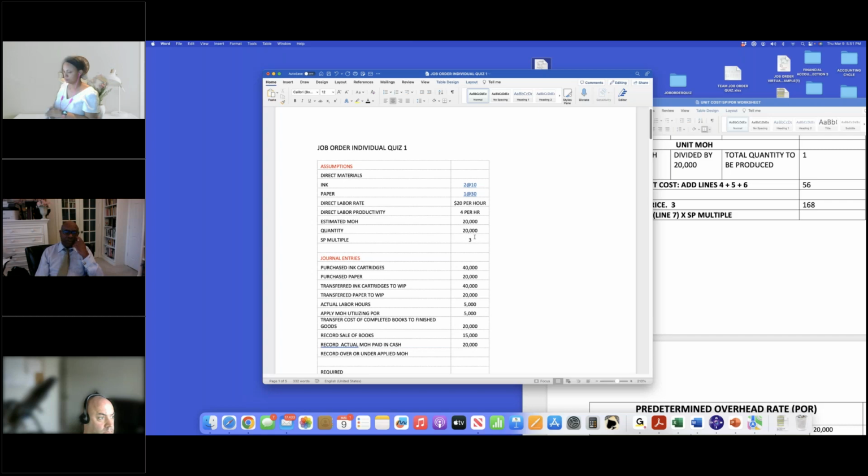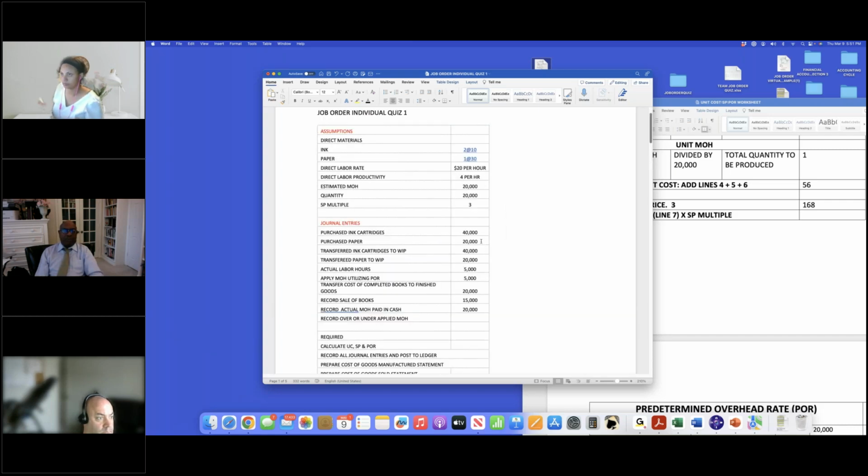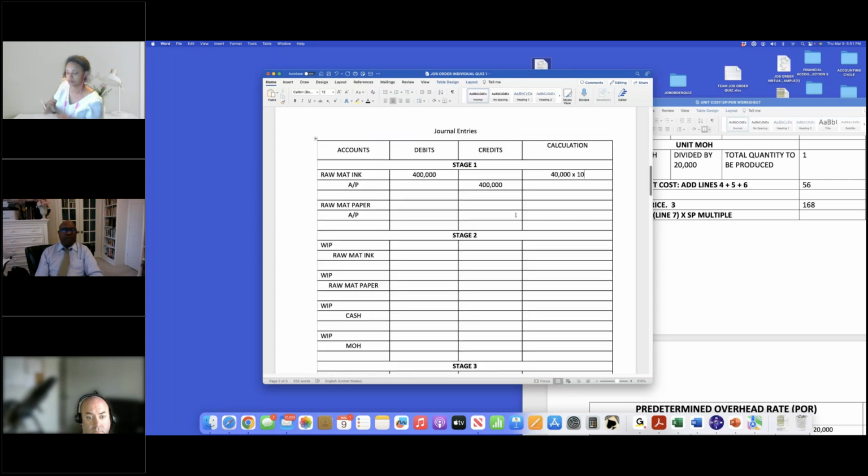What about the paper? We bought 20,000 at 30 each. So how much is that going to be? 600,000. So we just multiply 30 times 20,000.